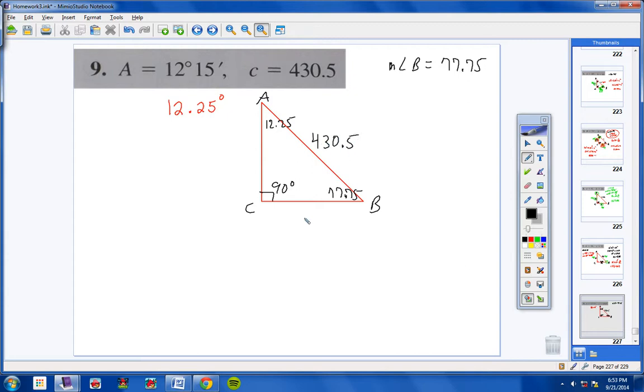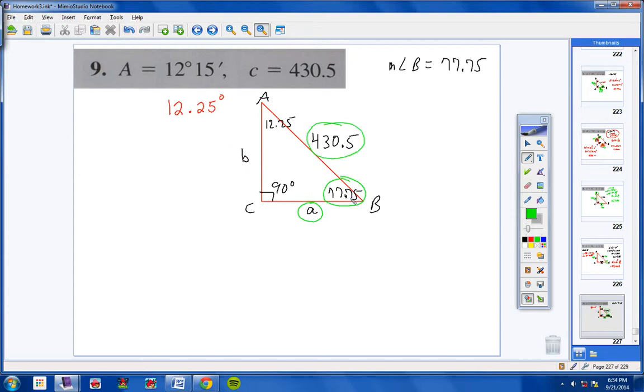So what we're missing is A and B. Now students, it really doesn't matter which side we solve for. I'm just going to pick A, and I'm going to use this angle here to help me find side A. The other side I'm going to use can't be side B, because that'd be two unknowns, A and B. So I'm going to use this side here.